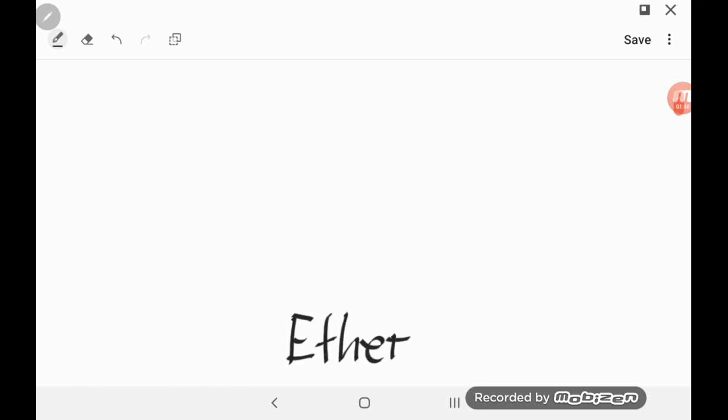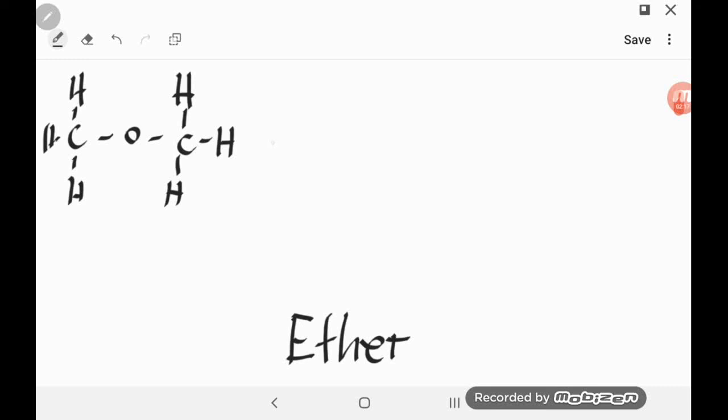An ether is an organic compound with an oxygen atom connected to an alkyl or aryl group. This is an example of the Lewis structure of an ether. Then the condensed structure of an ether would be like this.